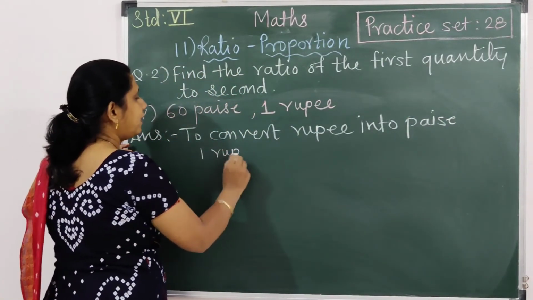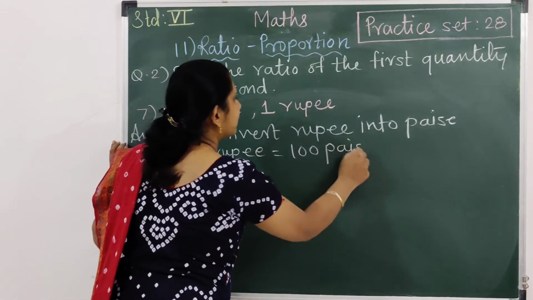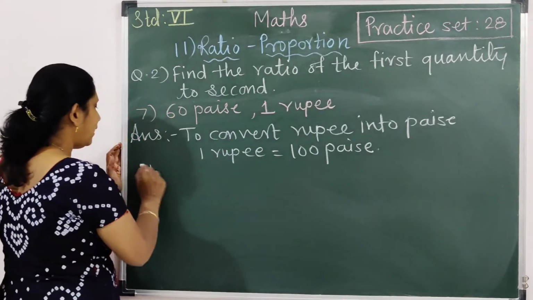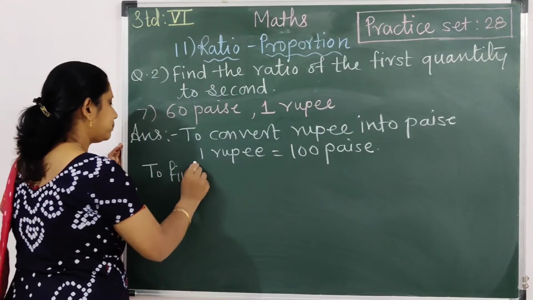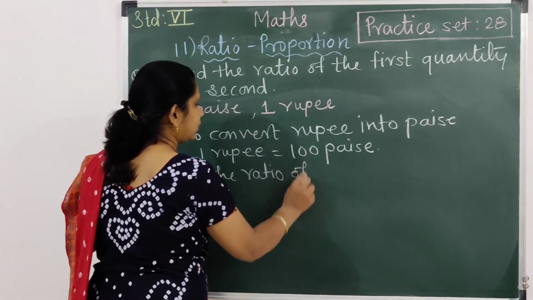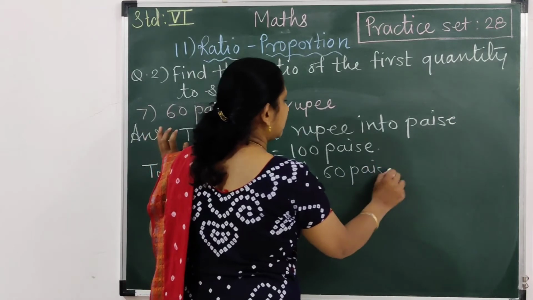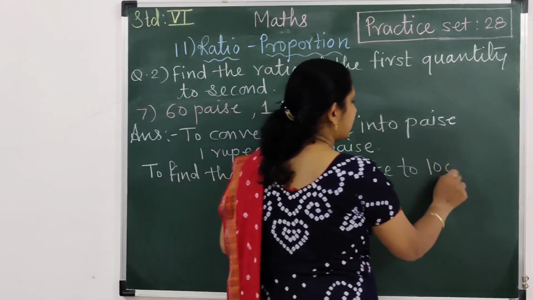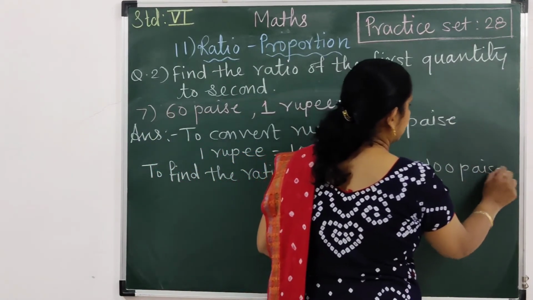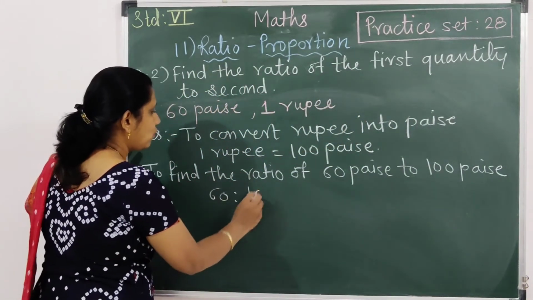So let us write here 1 rupee is equals to 100 paise. So to find the ratio of 60 paise to 100 paise. Alright, that is 60 is to 100.